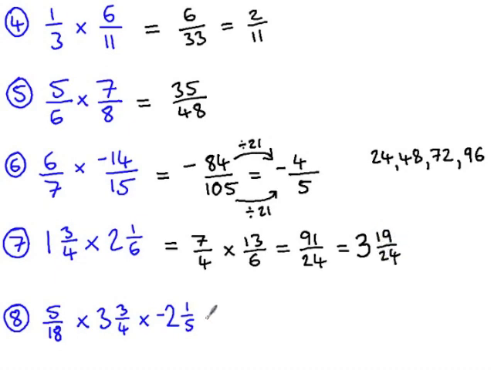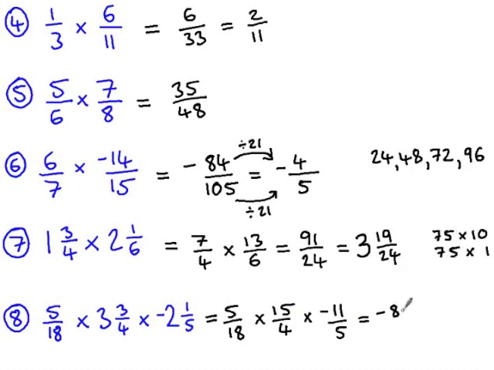And finally, 5 over 18 multiplied by 15 over 4 by negative 11 over 5. The result will be negative. 5 times 15 is 75, and 75 times 11 is 825.